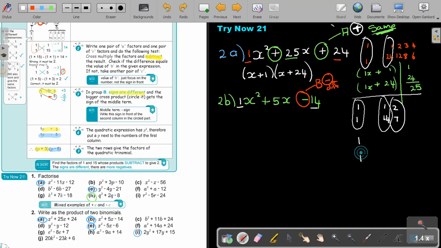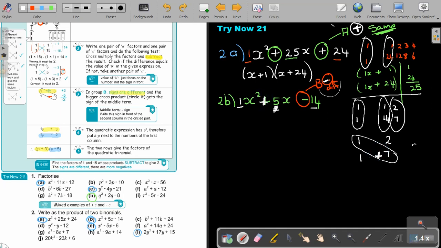So it's actually 1 and 1, 2 and 7. And don't forget, in group B you subtract. So 7 minus 2 is going to give me that 5. And now I'm just going to say the signs are different. Now I always have to put a circle around the biggest cross product. And in front of this one, it's this sign in the middle. And what is that sign? Positive.